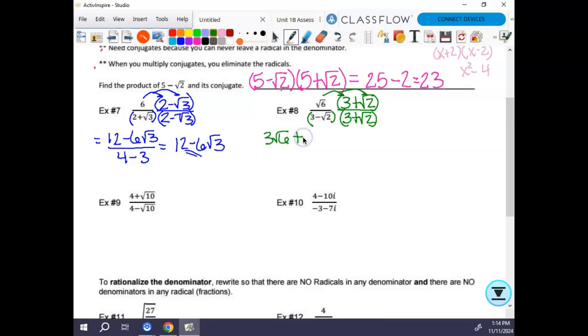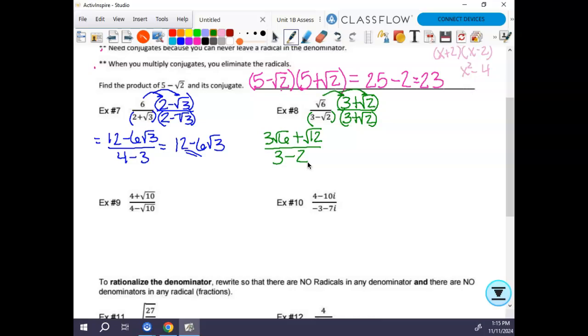Plus, and then the square root of 6 times the square root of 2, you can multiply everything underneath together, so that becomes the square root of 12 over, then I square the first one and get 3, minus the square root of 2 squared and get 2. So in the denominator, once again, I'm going to get 1.